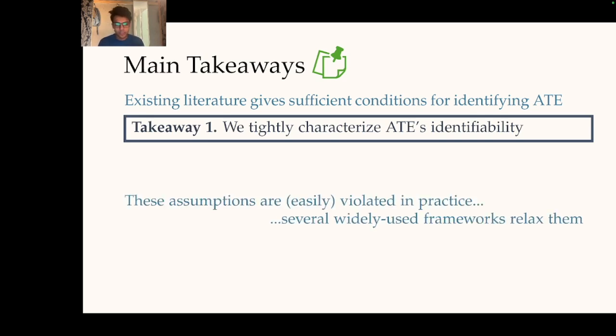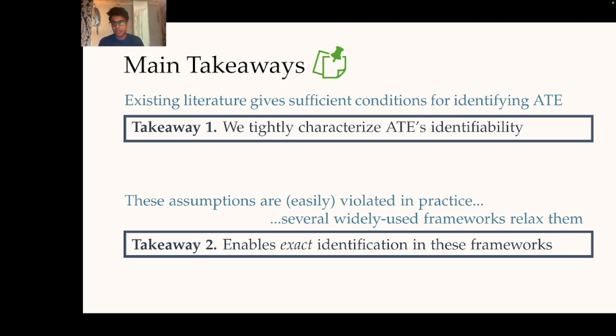This characterization is interesting because the simple sufficient conditions that people have proposed in the literature can be easily violated in practice, and in fact this is a core reason why several frameworks that relax these assumptions have been proposed. And in these relaxed frameworks, existing methods can approximately identify the average treatment effect, or they can identify an interval in which the average treatment effect is guaranteed to lie.